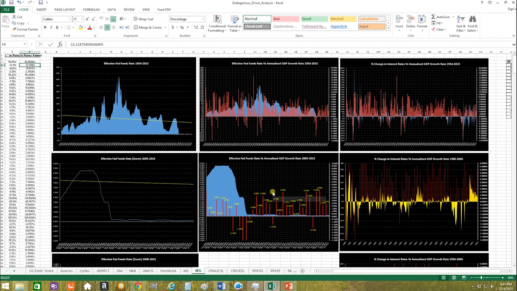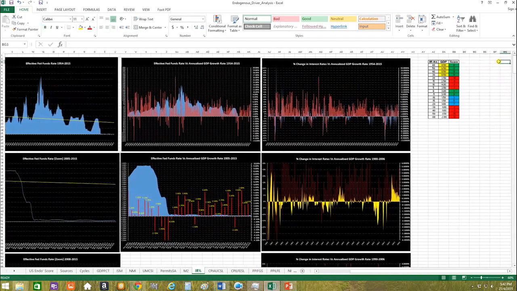And we've also zoomed in on this data, looking at it from 2005 as well. So we get an appreciation pictorially of what interest rates do when growth rates fall. And we can see that going back all the way to 1954. And we can see that when we zoom in from 2005 and get an appreciation of interest rates relative to growth.